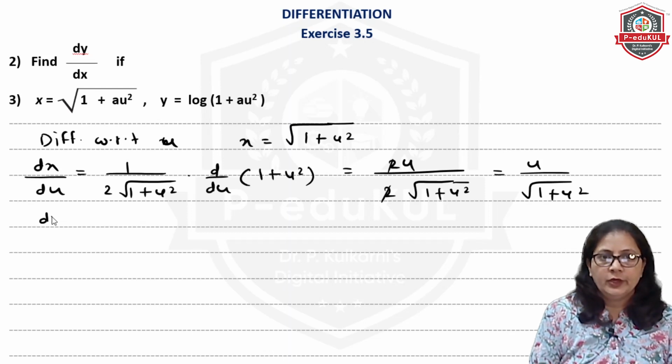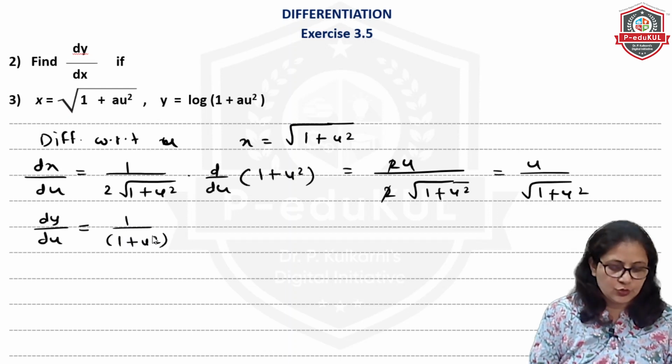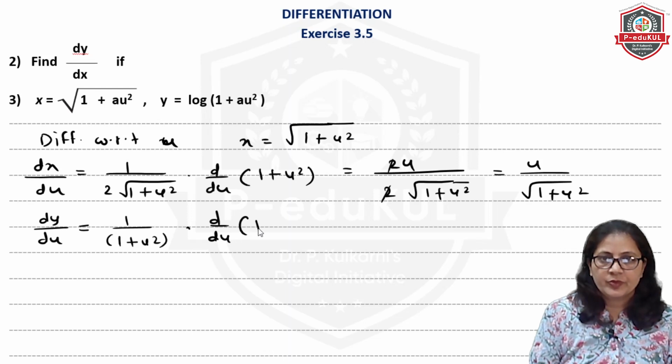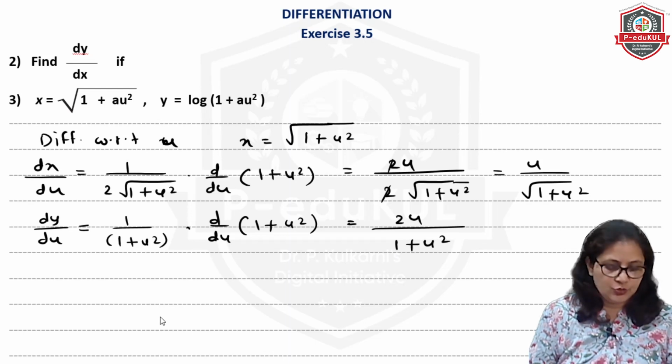Now we will do it dy by du. That is log का derivative first of all 1 upon that bracket. So that is 1 plus u square. And then again d by du of 1 plus u square. So that will be 2u upon 1 plus u square.